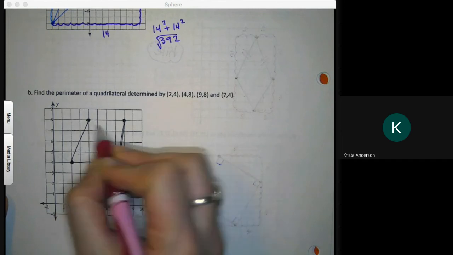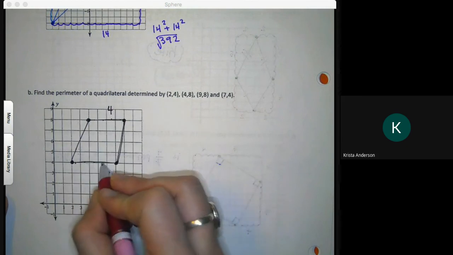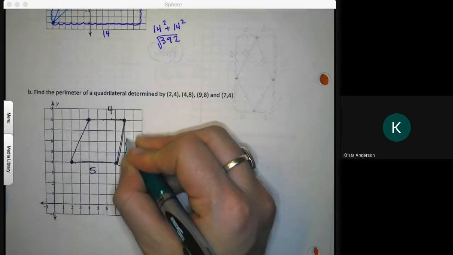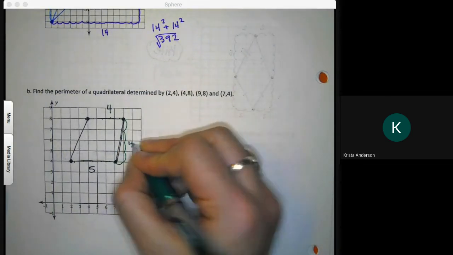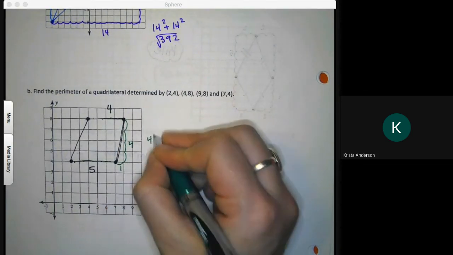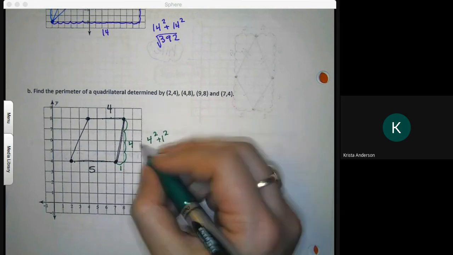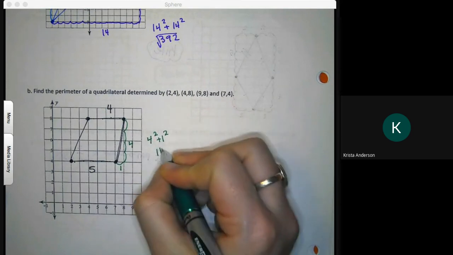1, 2, 3, 4. 1, 2, 3, 4, 5. My right side is 1 by 1, 2, 3, 4. That'd be 16 plus 1, 17.